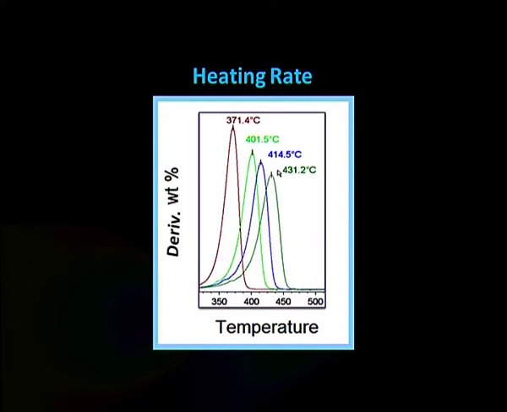For example, here you can see that if heating rate is too fast, we get the last peak at 431.2 degree Celsius.